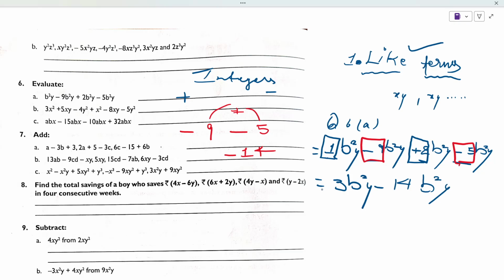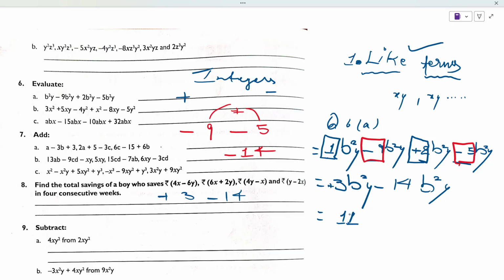y. Now, in the last step, we see one number as positive 3 and the other as negative 14. Again applying integers, 3 minus 14, or 14 minus 3. So 14 minus 3 will give you how much? 11.